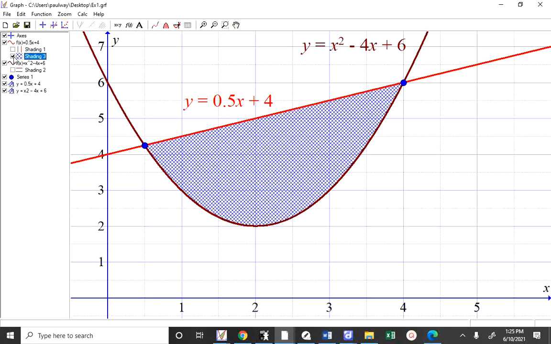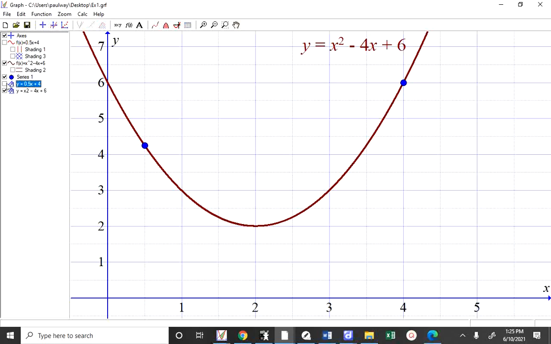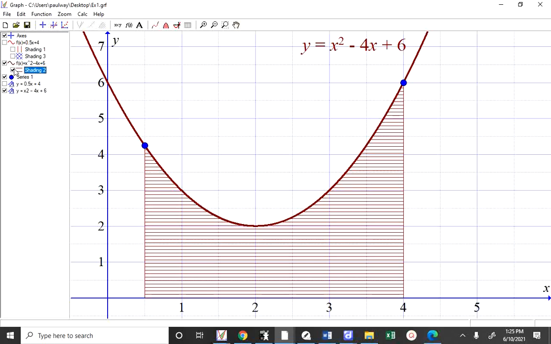So let's forget about that area for a second. In fact, let's even forget about that function. Let's not worry about the linear function. Do you know how to find this area?